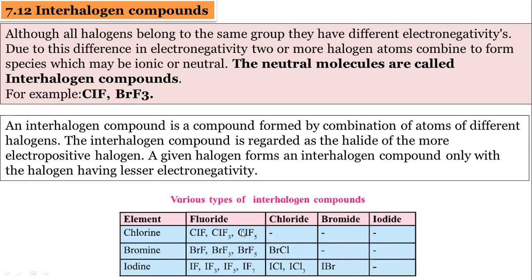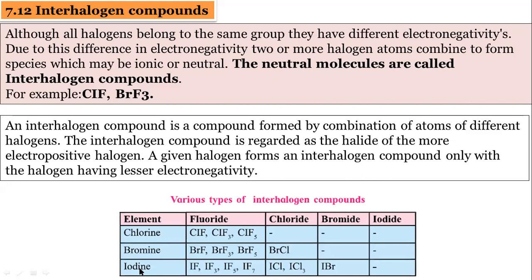The various types of interhalogen compounds are shown here. These are the interhalogen compounds of chlorine: ClF, ClF3, ClF5. These are the fluorides because fluorine is combined with bromine. So bromine, when it combines with fluorine, gives BrF, BrF3, BrF5, and BrCl is an interhalogen compound of chlorine and bromine.